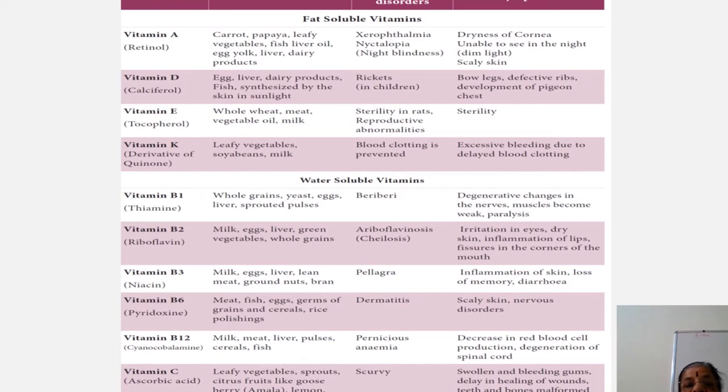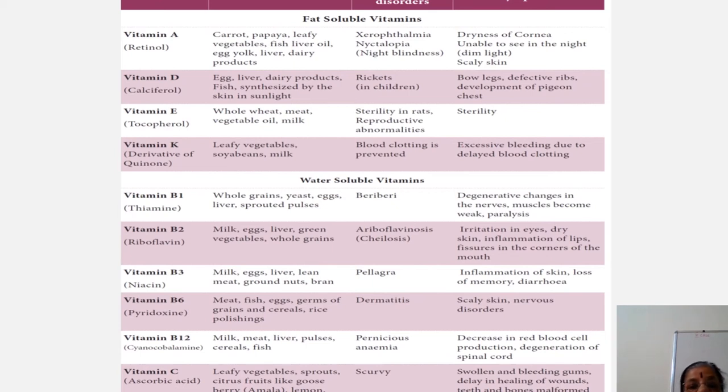So the deficiency disorders are xerophthalmia and nyctalopia, also known as night blindness. You must study this table example. Symptoms: dryness of cornea, unable to see in the night or dim light, and the person will have scaly skin.